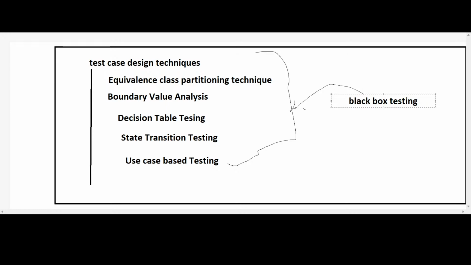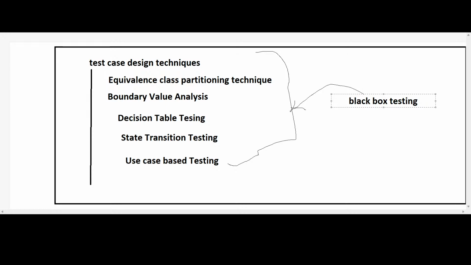I can test whether the username text field is accepting alphabetical words, capital letters, small letters, alphanumeric values, special characters, and empty spaces or not. I can also test whether the username field is accepting tabbing: if I tab, is it moving inside the text field or not.